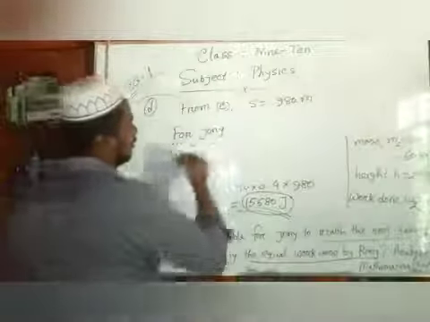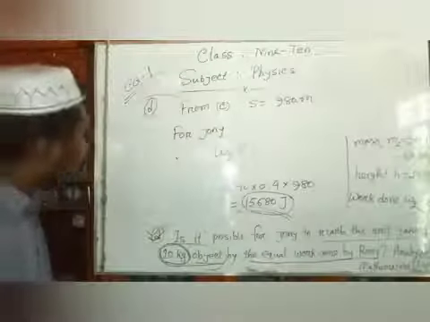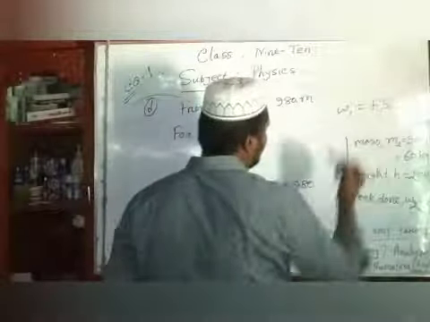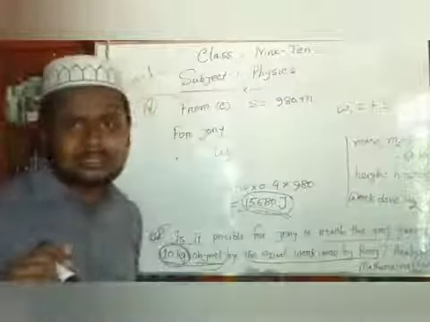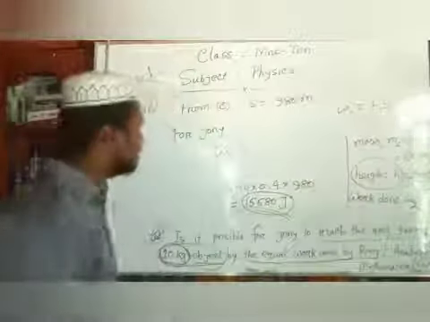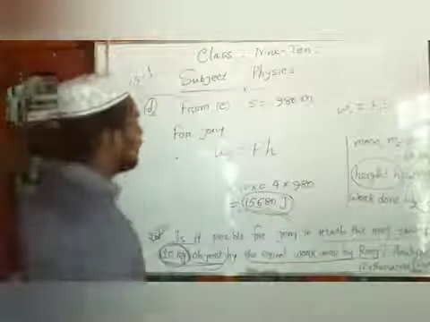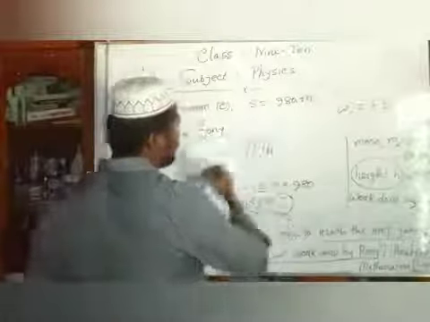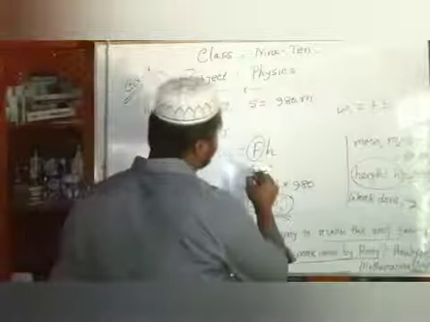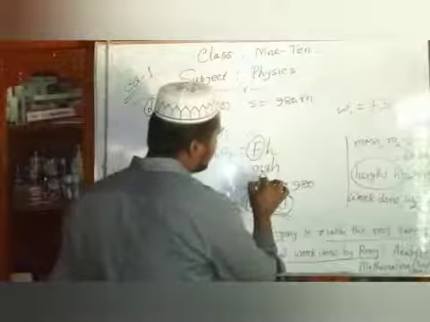For Johnny, we say that W2 equals, dear students, last time we saw W1 equals F S, but here S means height. Then we say that W2 equals F S. So we put the value of F. You know that from chapter 3, F equals m g, and then S. Here m means m2.